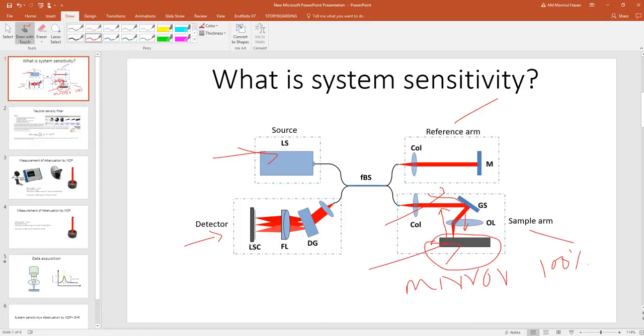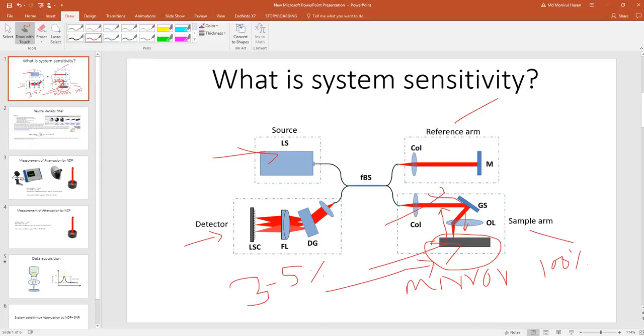So why is it important? Using a 100% reflective mirror, maybe we can get a system sensitivity of around 100 dB. But if we use a biological sample in the sample arm, that sample will only reflect back 3 to 5% of the power, not the whole power.